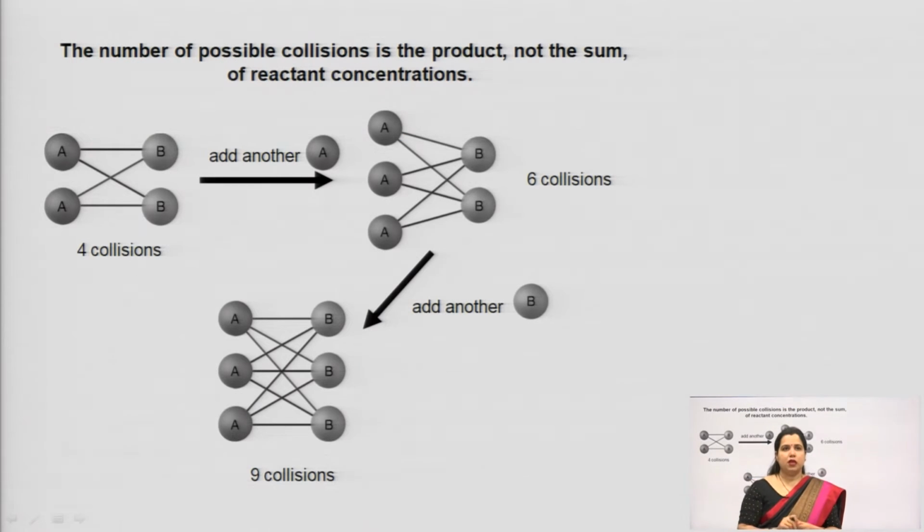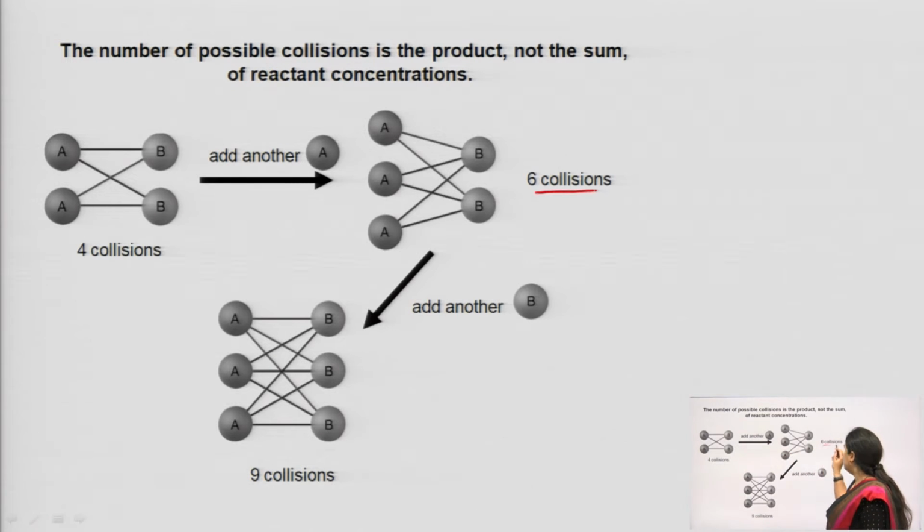So, you see here the number of possible collisions is the product, not the sum, of reactant concentrations. Okay. So, you see 4 collisions are possible when we have 2 particles of A and 2 of B, right. If you add another substrate in between the reaction, the number of interacting particles will be more. So, basically 4 collisions initially; when you add another substrate to the ongoing reaction, you will see 6 collisions at a time. And with 3 and 3, that means this molecule will interact with this, this and this, and the same will be done for the second molecule and third molecule.